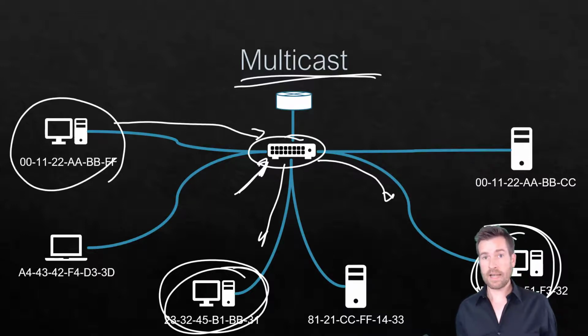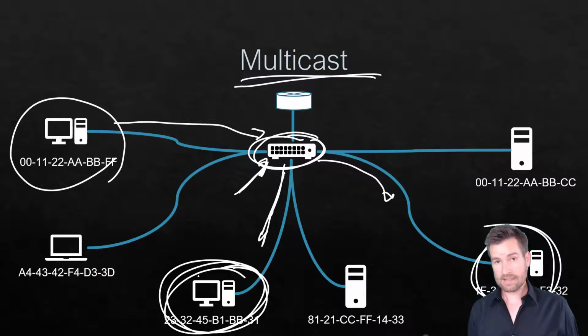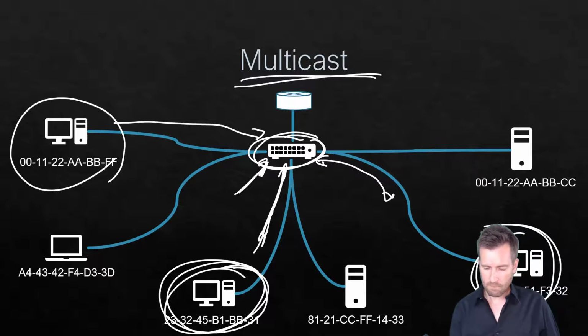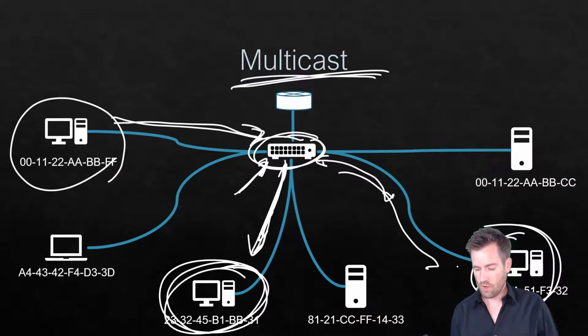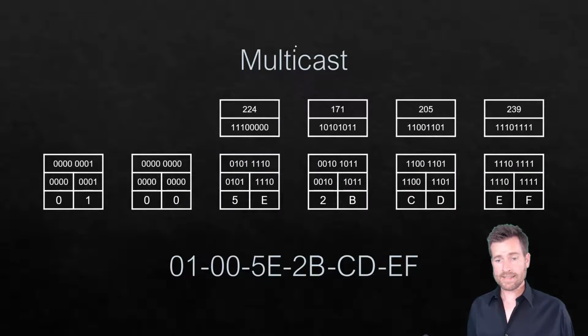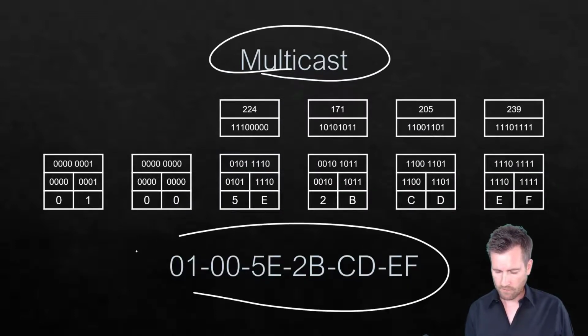Or there are some dynamic ways for this switch to learn and make sure that these devices check in or subscribe to that multicast address. So when that frame comes in with that destination MAC address, it can get that to those machines. Okay, let's take a look at the multicast MAC address, which is what I have right here.